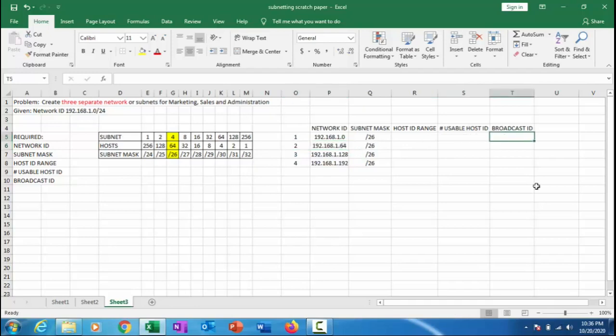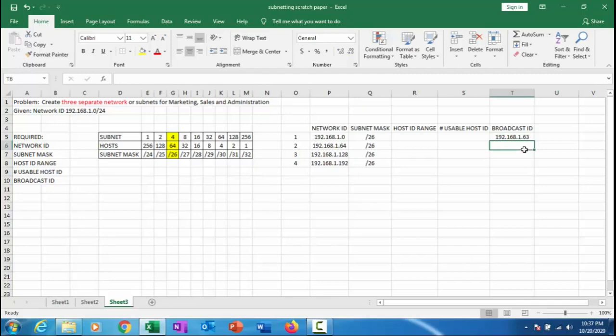So 192.168.1.63, or you could also do that by just, since we have 64, you just add, but 64 you have to subtract with 1 because the other one is already being utilized, so it has to be 63. 64, the number of hosts minus 1, and you add that so that it's gonna be your broadcast ID. So you'll understand that all the more as we go on.